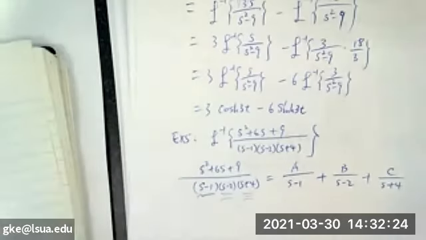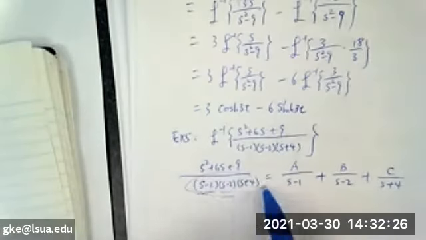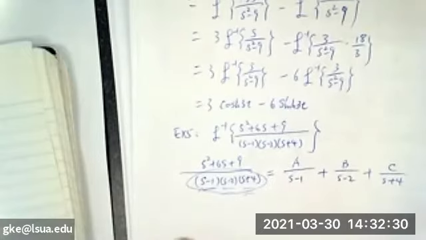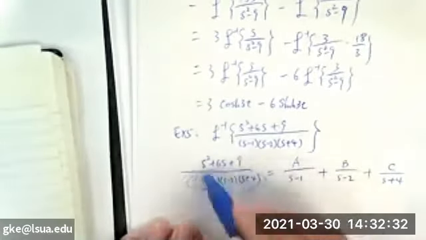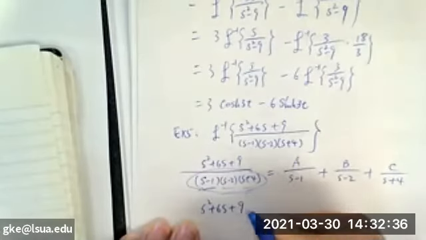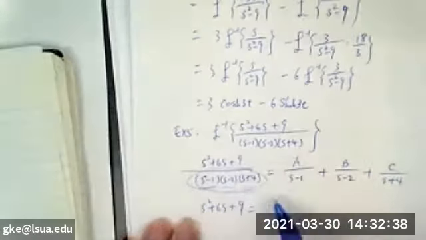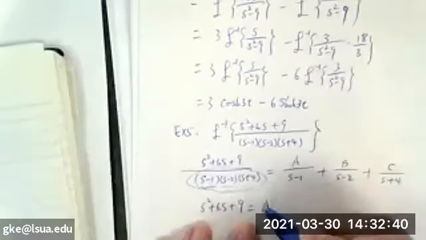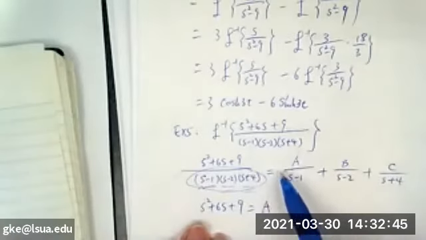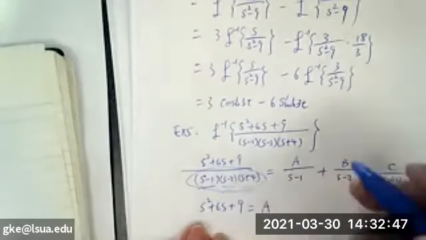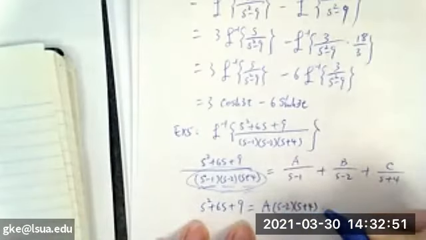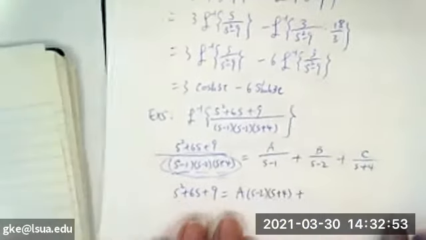What we're going to do is multiply the whole thing on both sides. For the left-hand side, it cancels out. For the right-hand side, for the first term multiplied by the whole thing, we cancel out s minus 1, so we have a times s minus 2 times s plus 4.